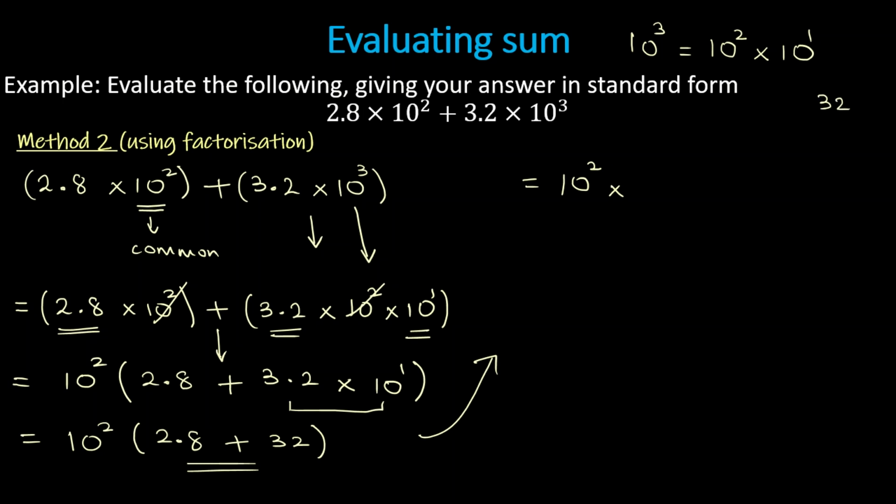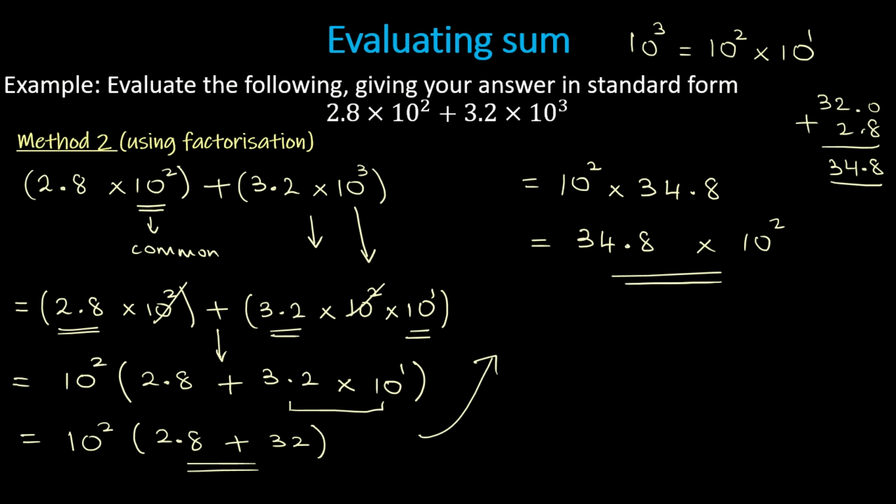So I have 32, I have to add 2 decimal 8. So this is simply 32 decimal 0, 0 plus 8, 8, 2 plus 2, 4. This is 34.8. Now 10 to the power of 2 times 34.8, it is the same thing as 34.8 times 10 to the power of 2.